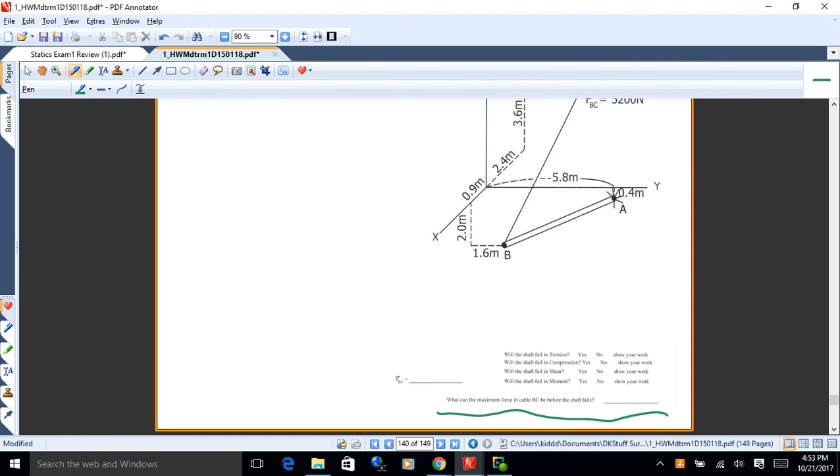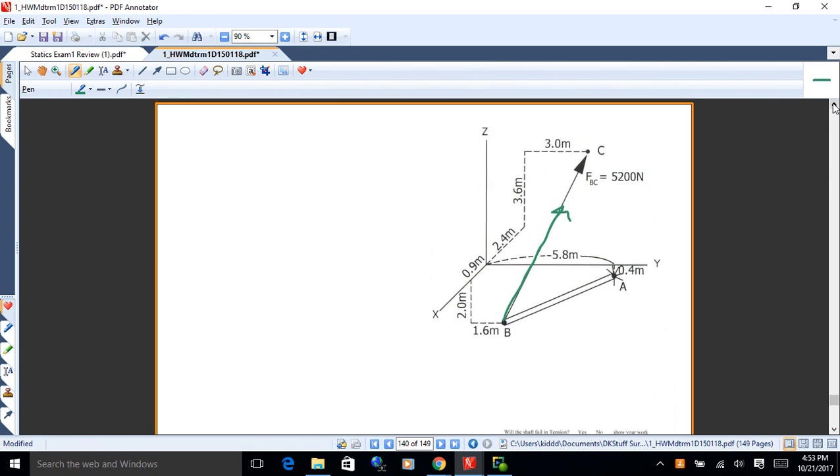So look at what force is required in this wire from B to C that would overload the rod, put too high of a load on the rod, and the allowable loads for force and moment are given in the problem statement. So that's what I'd like you to do for that.